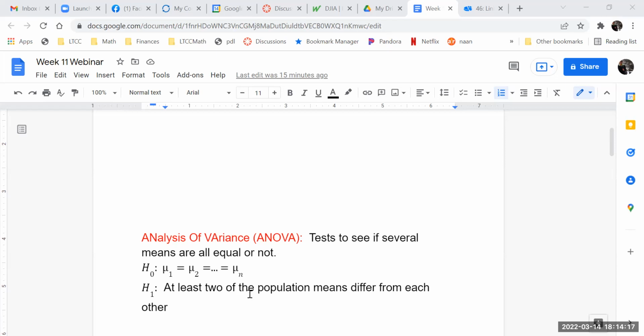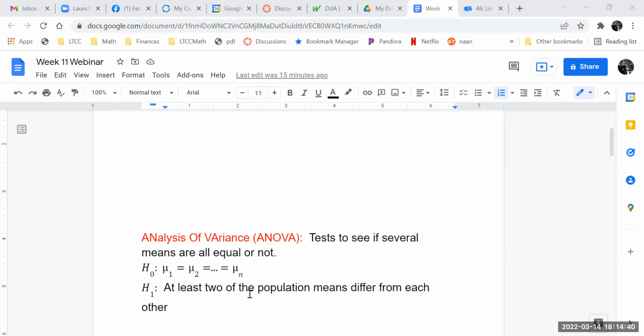So if we're doing all the states, n would be 50. So it all depends on how many things you're comparing in terms of how far you go. If there's 50 means and just one of them is different, then that's good enough.